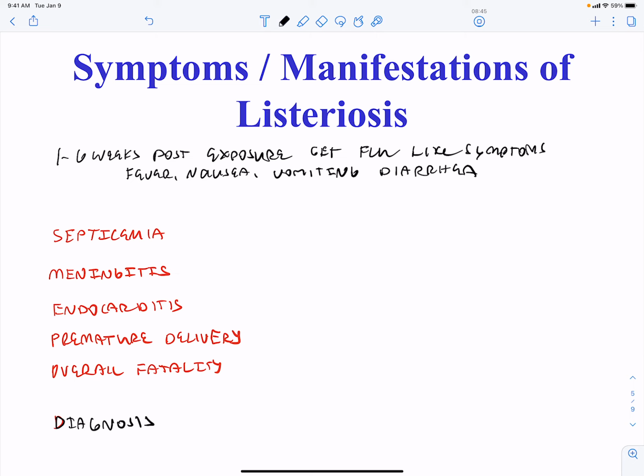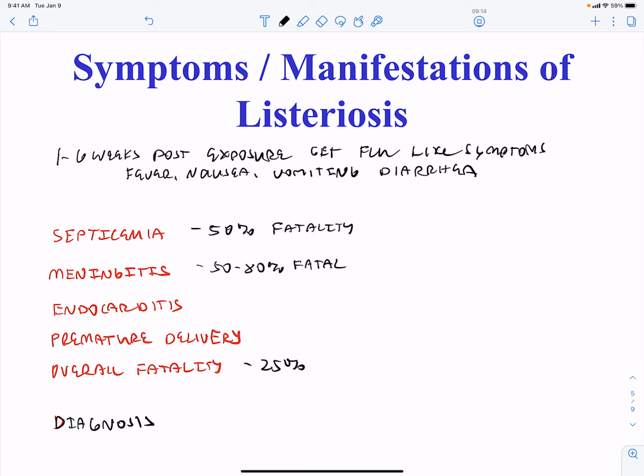It can progress to septicemia, which has about a 50% fatality. Meningitis is about 50 to 80% fatality. It can also lead to endocarditis, premature delivery, and spontaneous abortion and stillbirth as well. The overall fatality rate of this guy is about 25%.